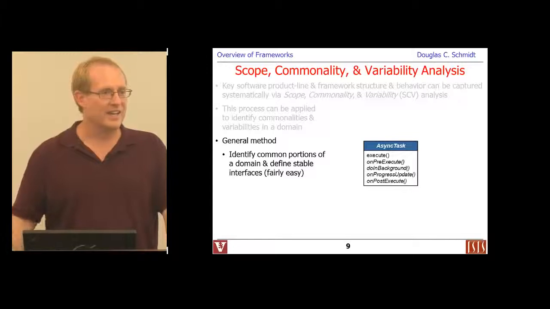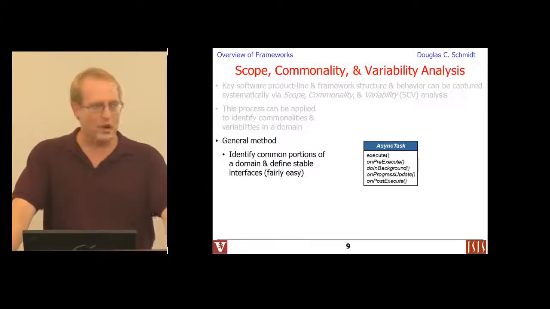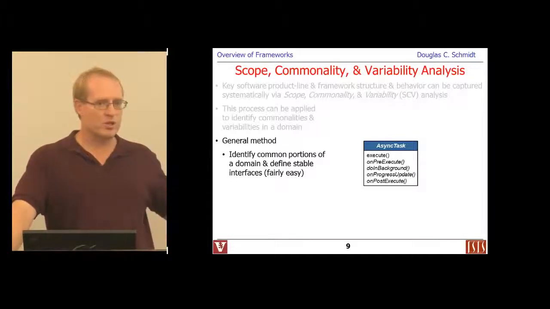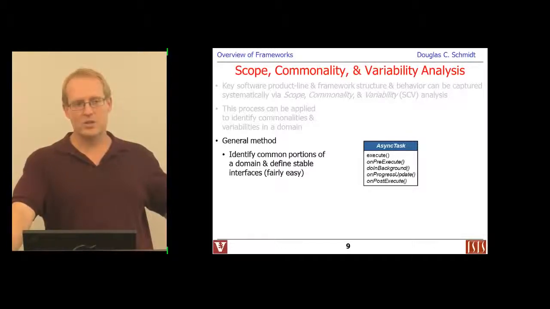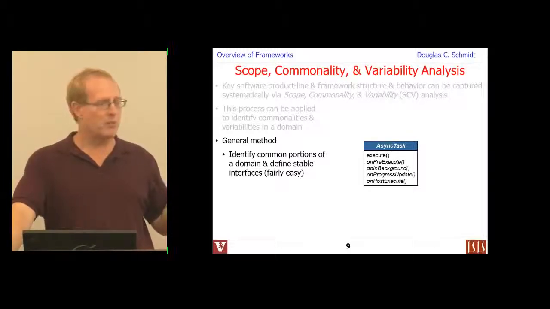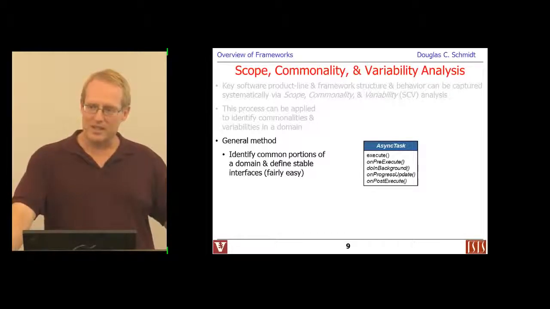So what you do, wherever you are, whatever level of abstraction you're going to start with, one of the first goals is to identify the common properties or common portions of a domain, things that are consistent, and then define a stable interface to those things. Now, to some extent that begs the question, how do you know something is stable?